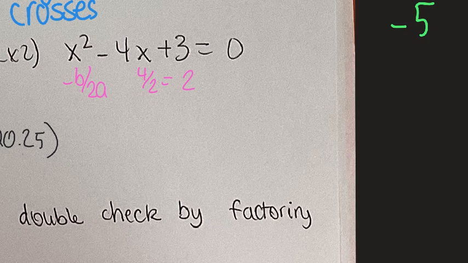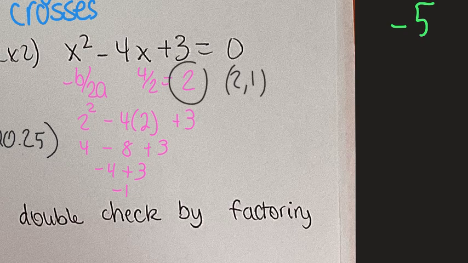Now I'm going to stick a 2 back in. 2 squared, negative 4 times 2. I got negative 1, so my axis of symmetry is positive 2. My vertex is 2, negative 1.